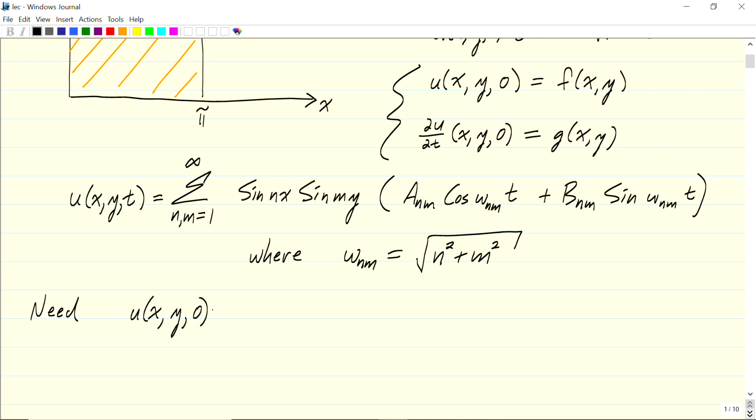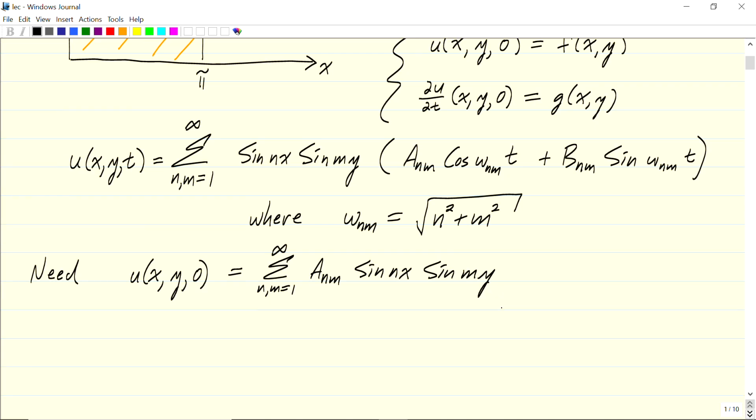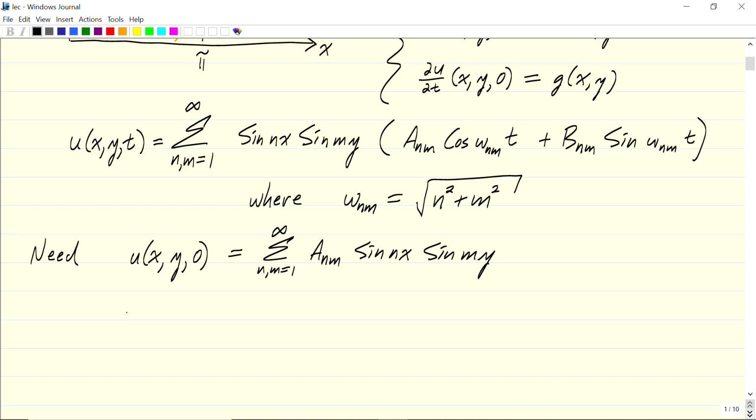And so this is a double Fourier series. The sum as n,m goes from 1 to infinity of A_nm, a double Fourier sine series, sine my. Okay, and when I differentiate it and set t equal to 0, so this is going to be partial u partial t of x,y at 0.